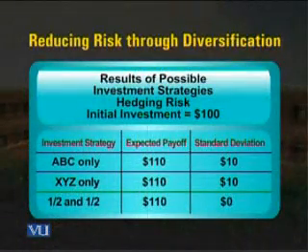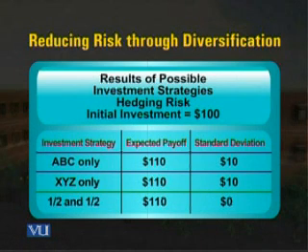So we have calculated the standard deviation for strategy 1, ABC only, 10, and strategy 2, XYZ only, 10. So whether we go for ABC or we go for XYZ only, the expected payoff is 110, and the standard deviation for both of these strategies is also 10, the same, and we become indifferent.